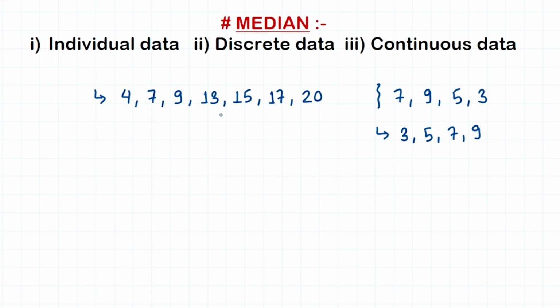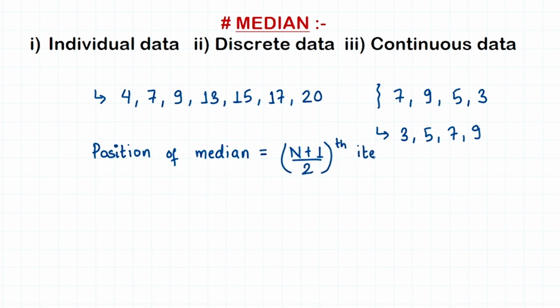Now that we have our data in ascending order, the way to find median is first we have to find the position of the median, okay? The formula to find the position of median is (n plus 1) divided by 2, th item, okay? So here the n just refers to the number of items in our data. So our n is going to be equal to, we have 1, 2, 3, 4, 5, 6, 7 items, right?